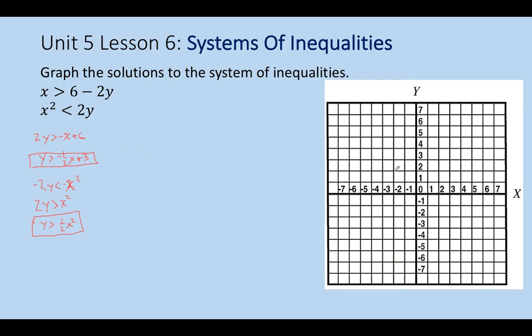All right, first one though, we've got positive 3 as my y-intercept, and then down 1 to the right 2 for my slope. This is going to be strictly greater than, so it's a dotted line. So we'll run right through there.